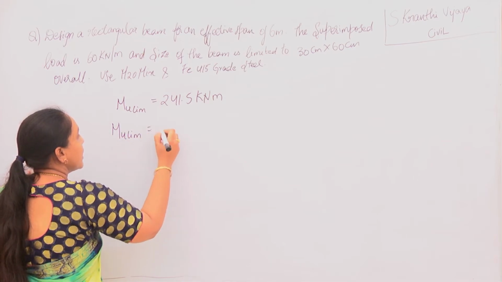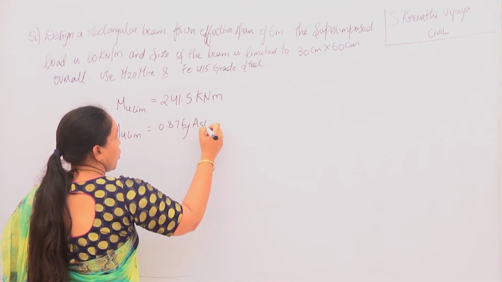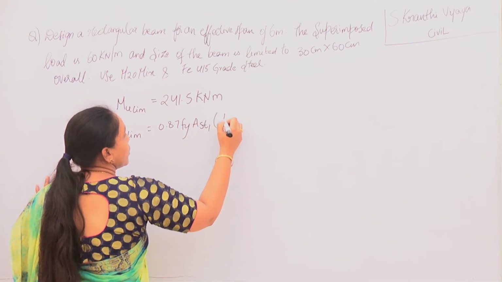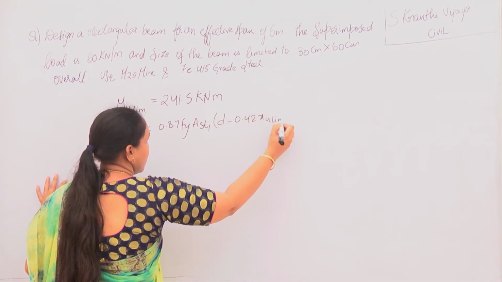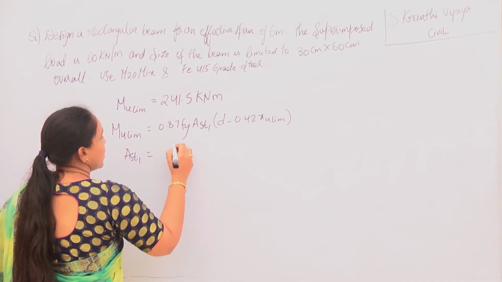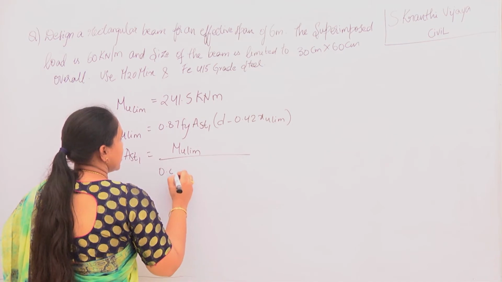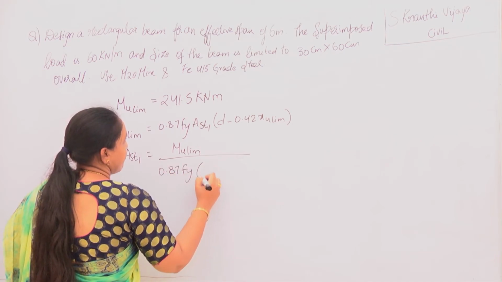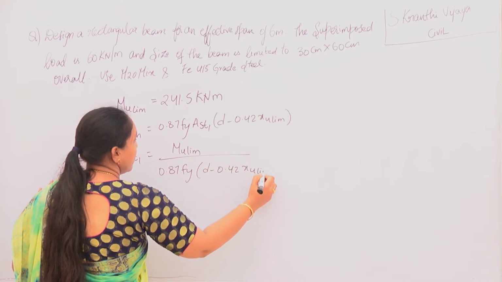Mu limit is equal to 0.87 Fy into AST1 into D minus 0.42 XU limit. So from this, AST1 will be equal to Mu limit divided by 0.87 Fy into D minus 0.42 XU limit.